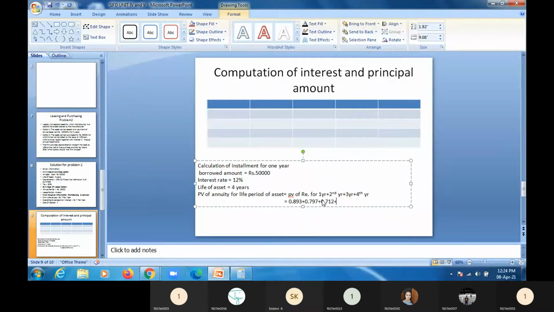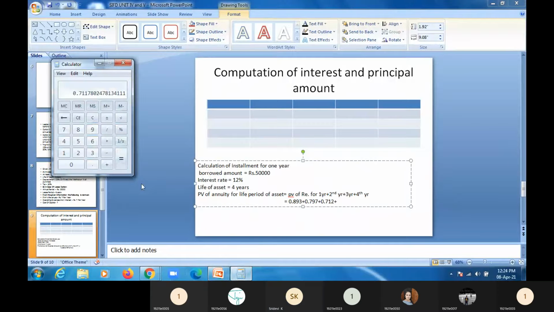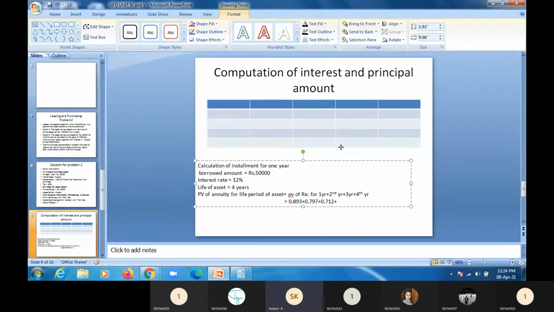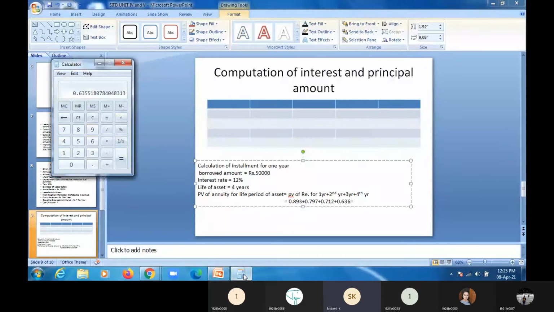0.712 plus 0.636. So sum up all these values, how much you will get, that you see. 0.636 plus 0.712 plus 0.797 plus 0.893 equal to 3.0375.